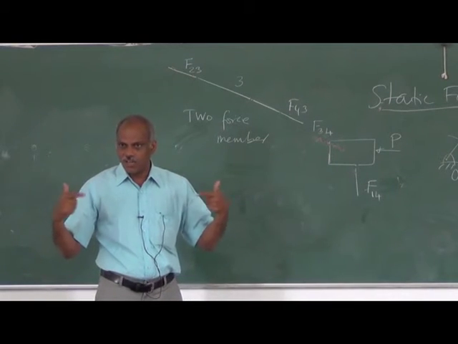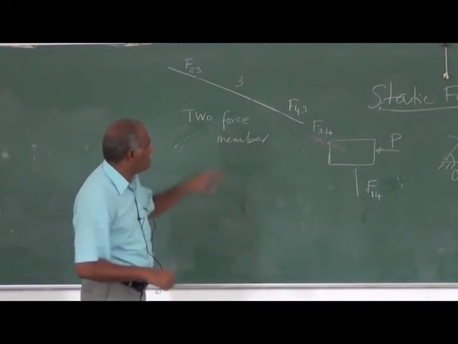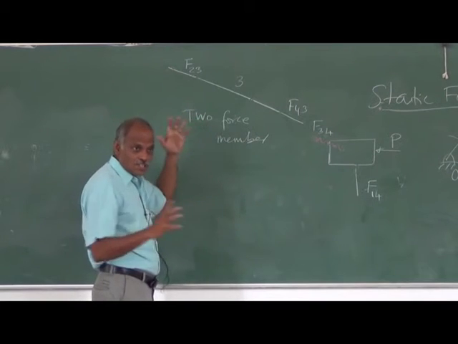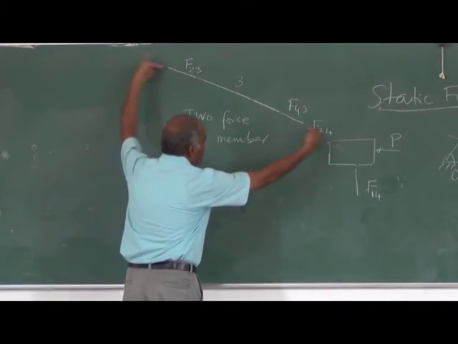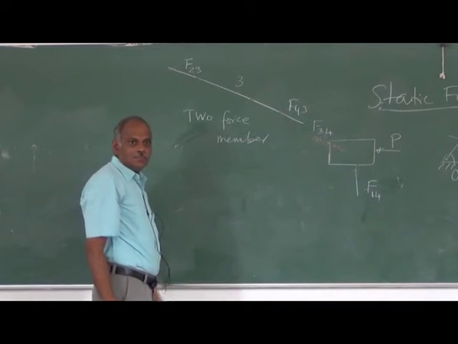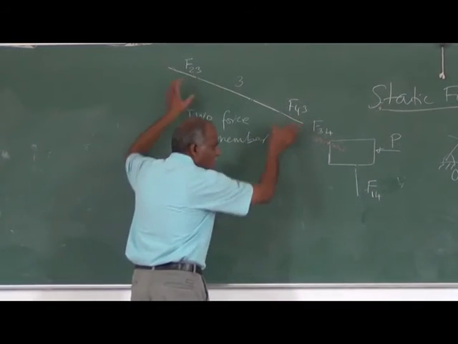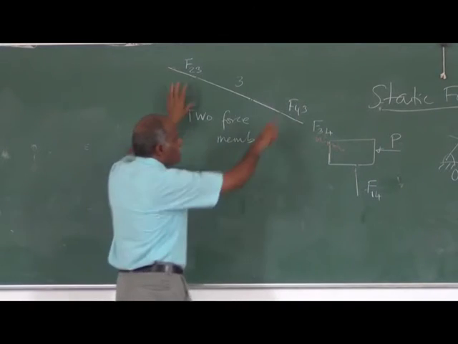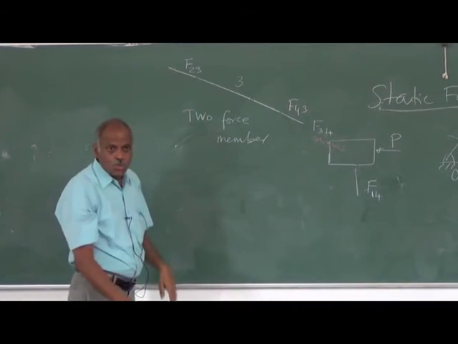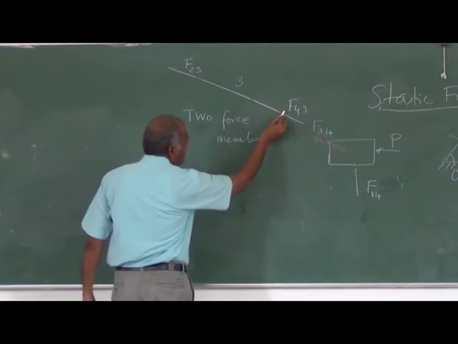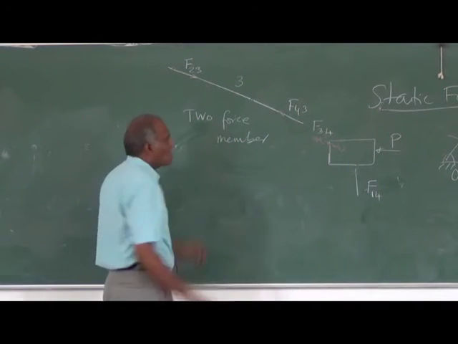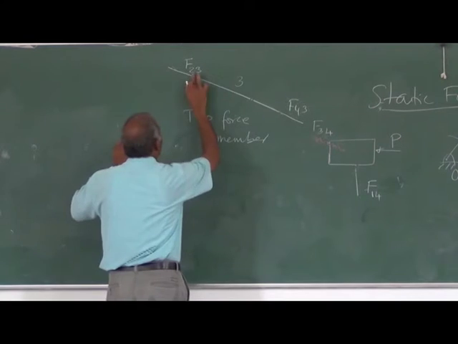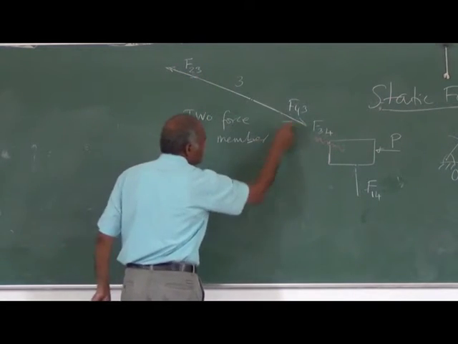When a member is acted upon by two forces and it is in equilibrium, these two forces must be collinear. They must be equal in magnitude. They must be in opposite direction. So we do not know whether these forces are compressive in nature or tensile in nature.